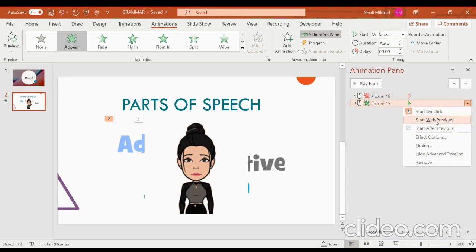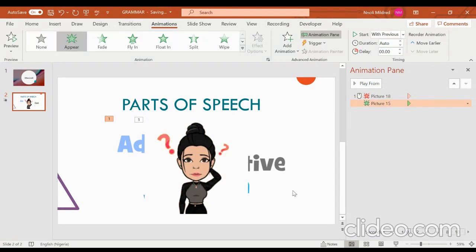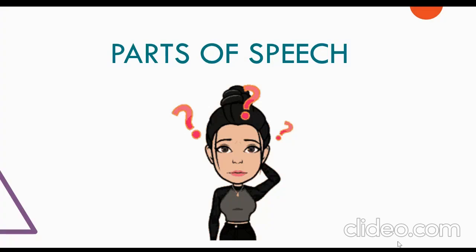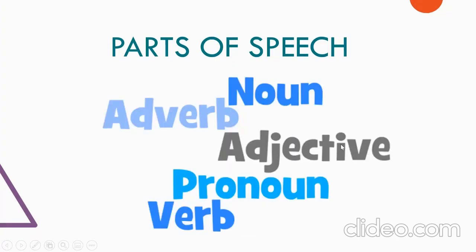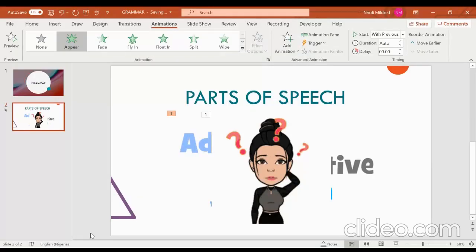I'll teach that later. But now let's say this will start with previous. So that will work better. Okay, so I'll take it off so we can see that. Now it goes automatically. Immediately you click, it takes you back.